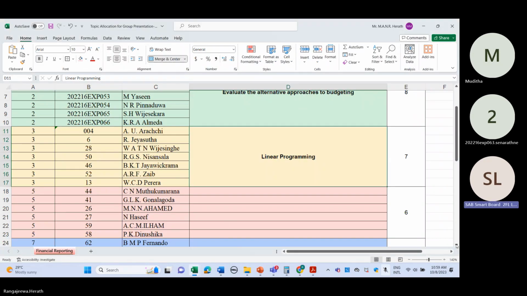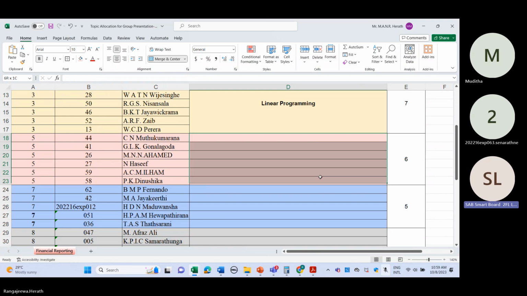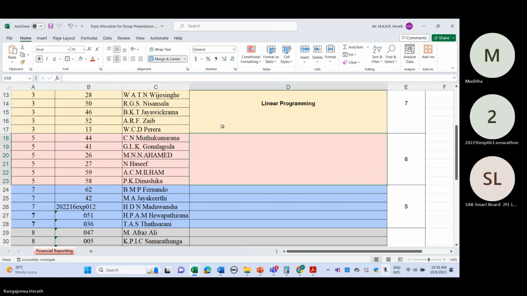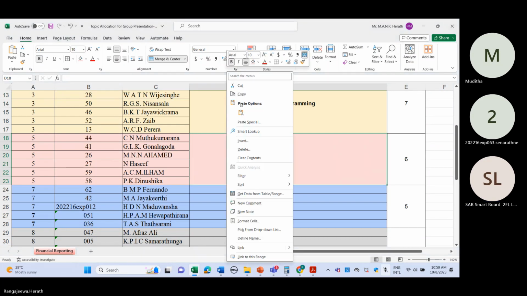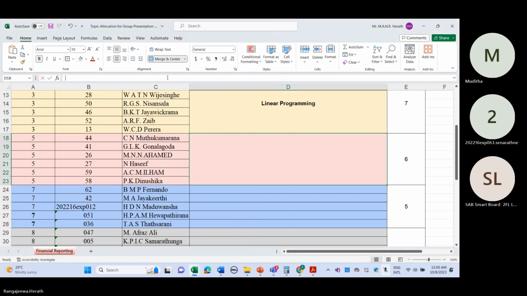Then a 6-member group: TQM, total quality management.